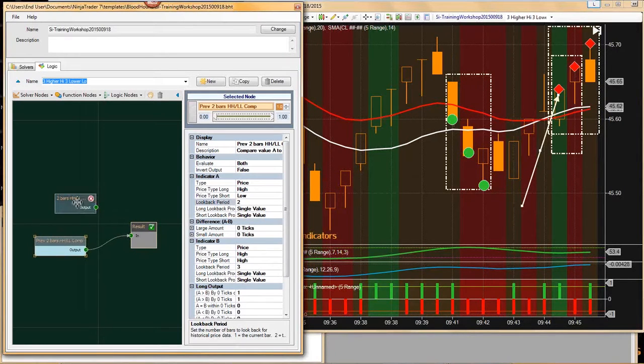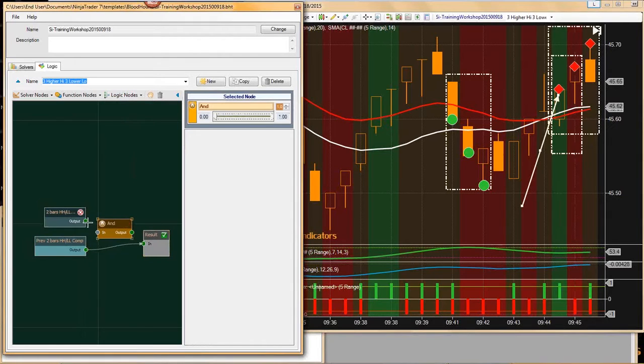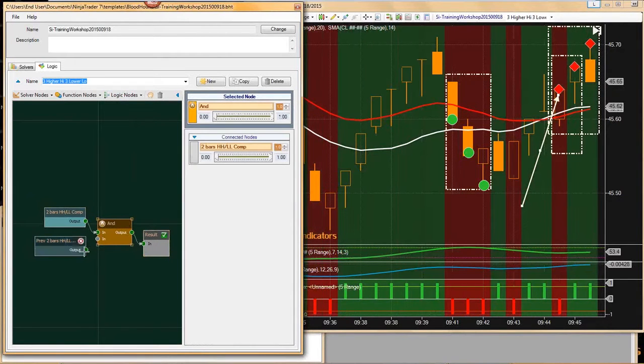Alright, and so now both of these conditions have to be true at the same time in order to identify 3 up bars. So we now need to use an AND node to join these together like so.